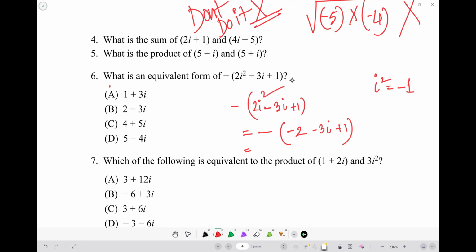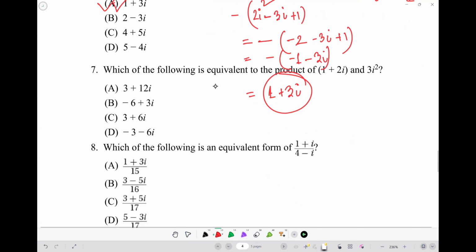And then the sign changes: 1 plus 3i. The answer is correct. As simple as that.